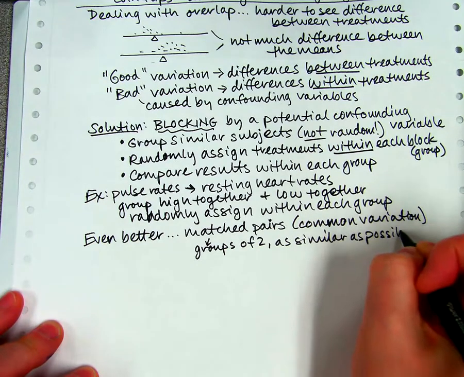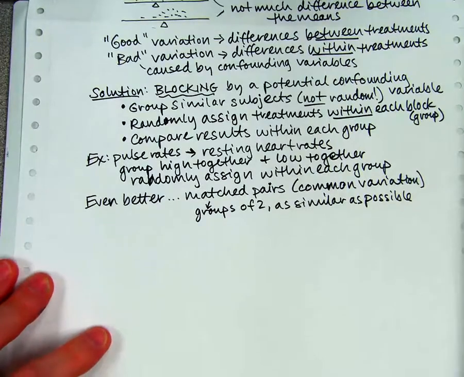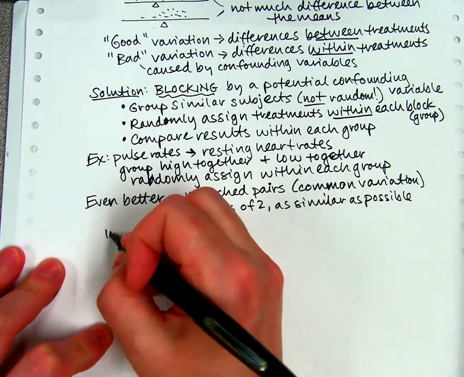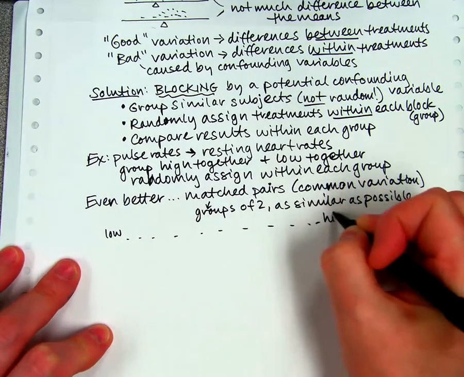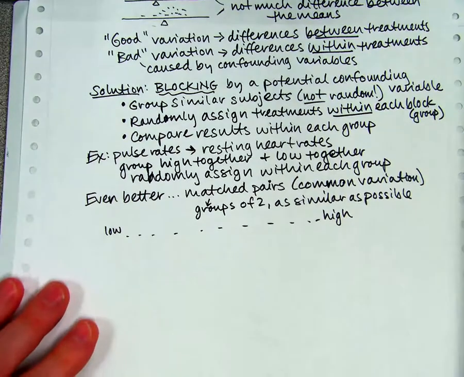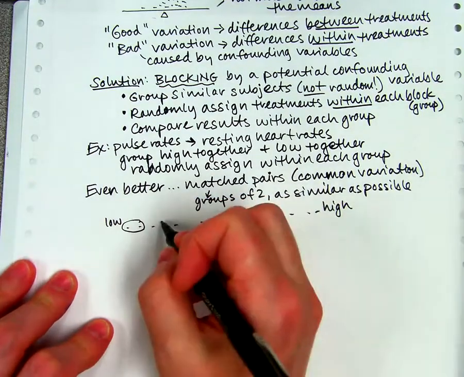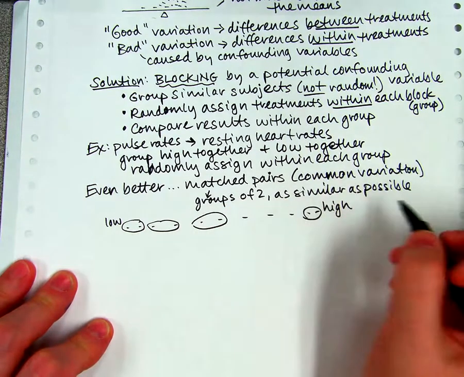So what I usually do in class, which I don't think we'll be able to do this year, is I line you up in order by your resting heart rate. I would take the low resting heart rates at this end and make everybody stand in a line with the high resting heart rates at this end. And then I take the 2 lowest and pair them up, and the next 2 lowest, and the next 2, and so on, all the way up to the highest 2 get to be in a pair.